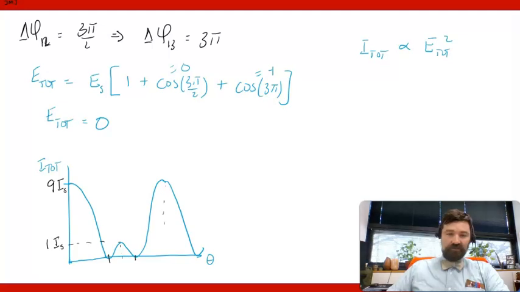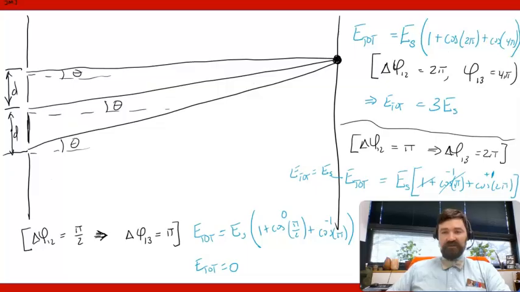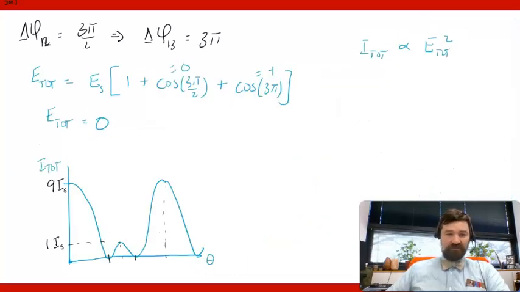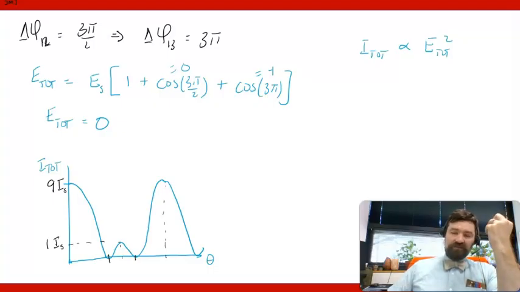basically they're occurring at locations where theta over here is such that this phase difference is 2 pi at this location between two slits. So now we go back and we ask, what is it that theta is equal to in terms of all that?